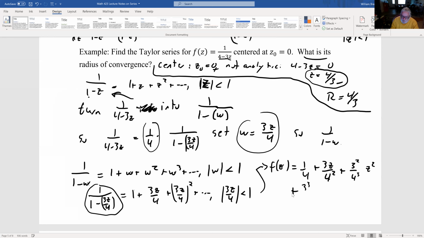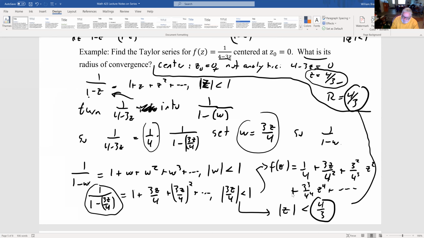It's going to be 3 cubed over 4 to the 4th, z to the 4th, plus dot dot dot. And if you multiply both sides by 4/3, you get modulus of z less than 4/3. Great. And there's our radius of convergence. And so that's a useful check for making sure that we did things right.